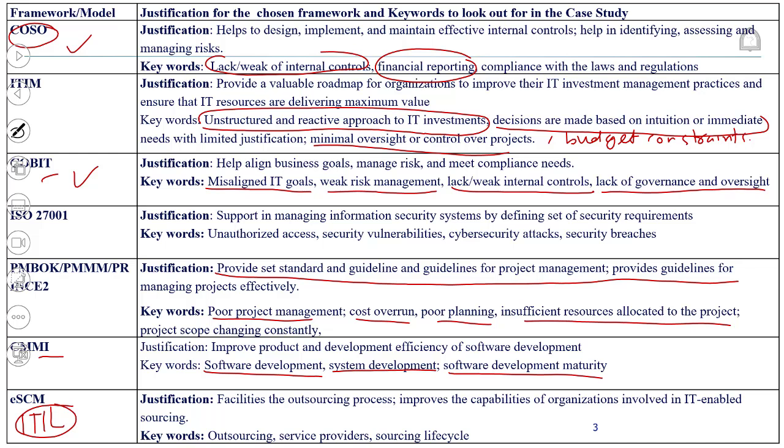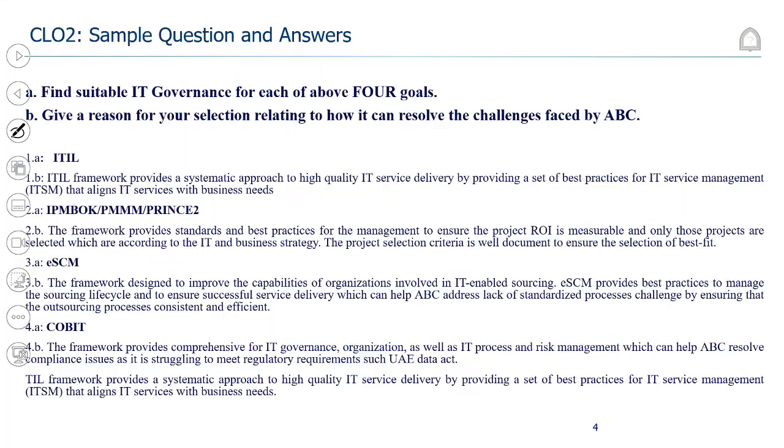You see those keywords, then think about CMMI. And ECM, the main thing you'll see there is outsourcing. Having looked at that, let's now look at this so that we go very quickly.